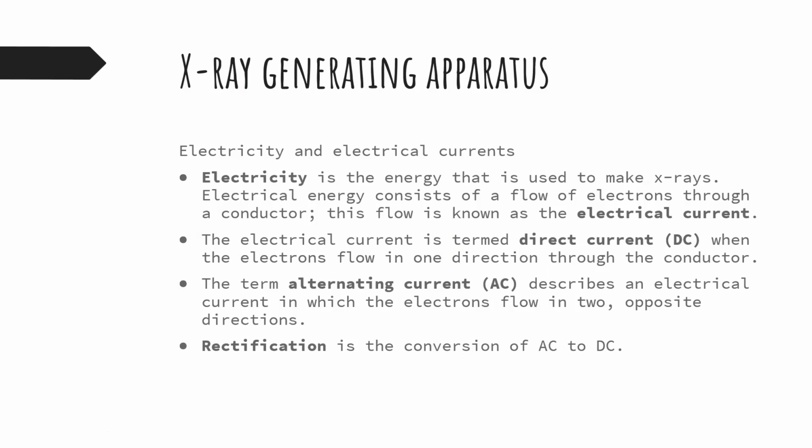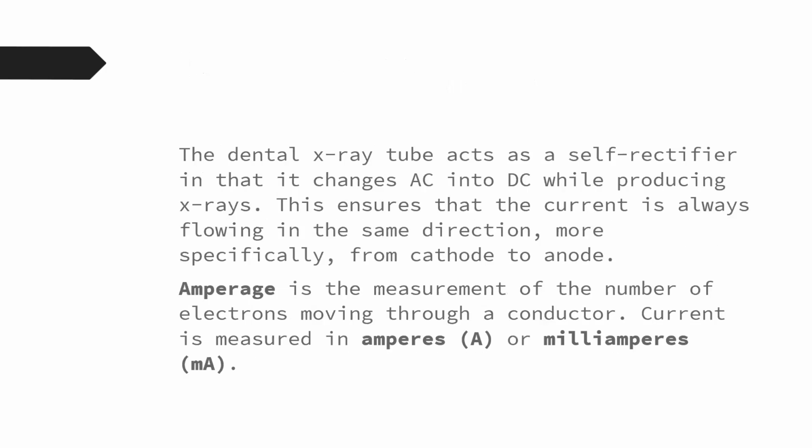And another is the alternating current, AC, electrical current, when it flows in two opposite directions. Then there is rectification, and this is the conversion of AC to DC. So the dental X-ray tube acts as a self-rectifier in that it changes AC into DC while producing X-rays.